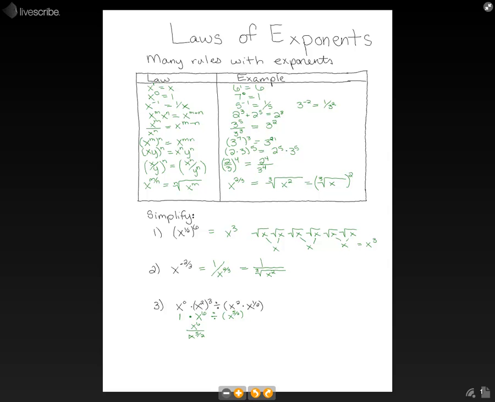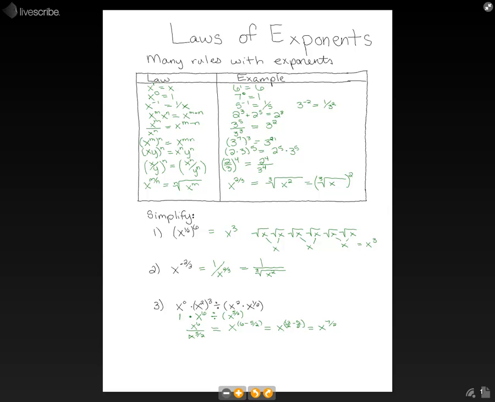When we have division, we know that becomes subtraction. So that is equal to x to the 6 minus 5/2. And that's going to equal x to the 12 divided by 2 minus 5 divided by 2, just putting common denominators up here. 12 minus 5, we're going to get x to the 7/2 power.